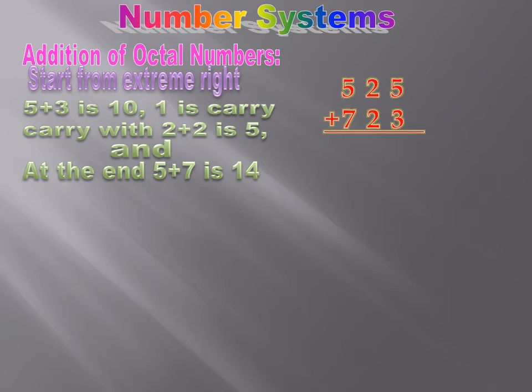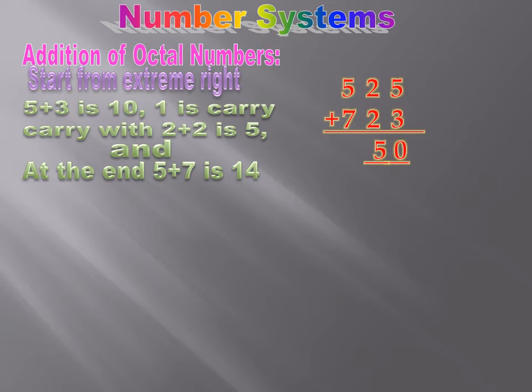This 5 is to be added to 3. We'll start this addition: 5, 6, 7 and 1 0, because 8 is not there, so it will be 1 0. 0 will sit here and 1 will be carried. That 1 along with 2 and this 2 make 5.